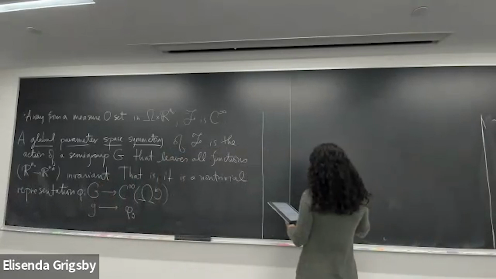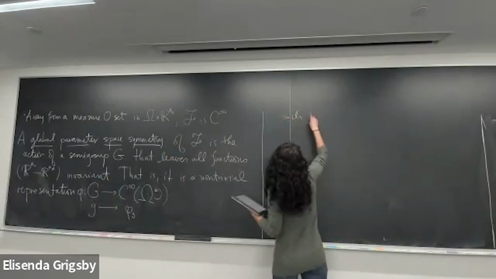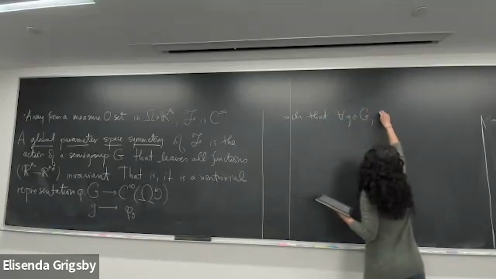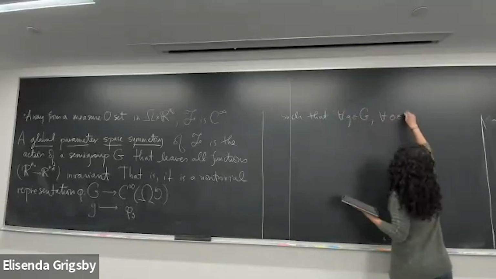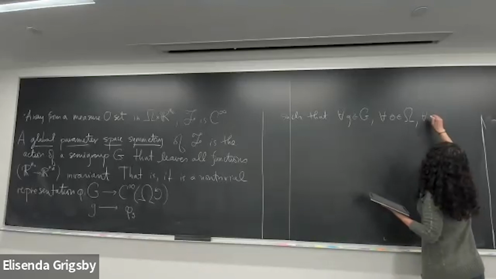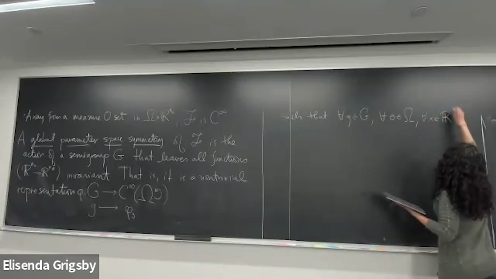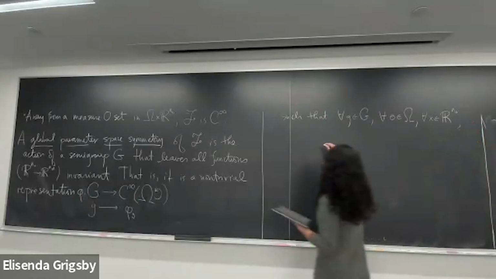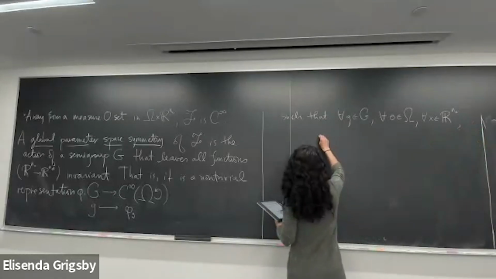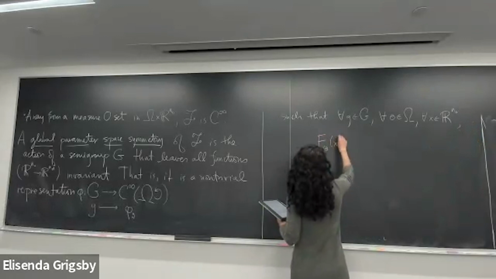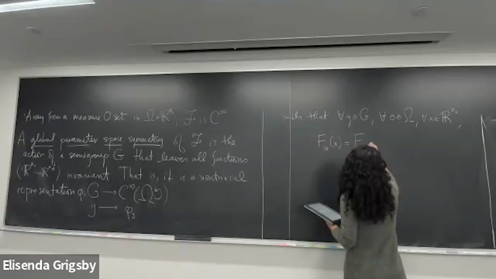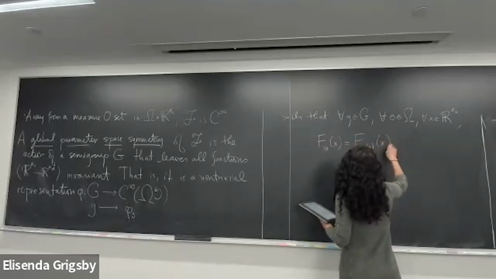So such that for all g in G, for all theta in the parameter space, and for all x in your input space, F theta of x is equal to F of phi sub g of theta of x.